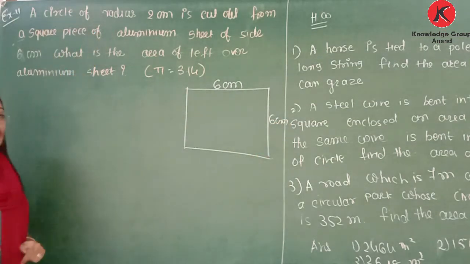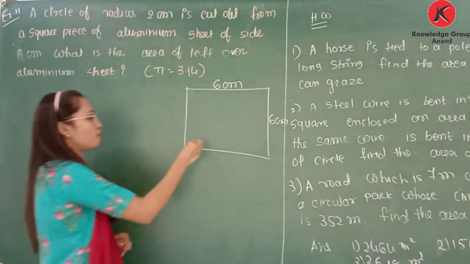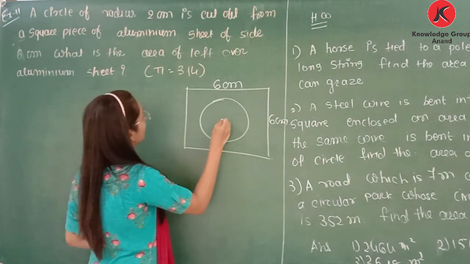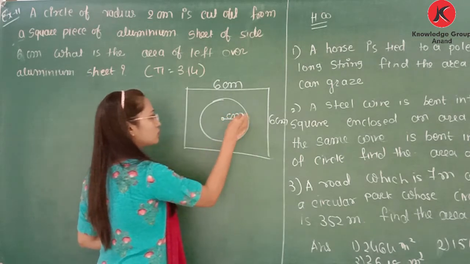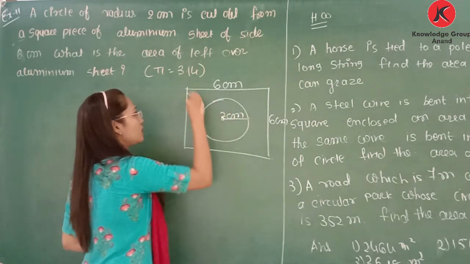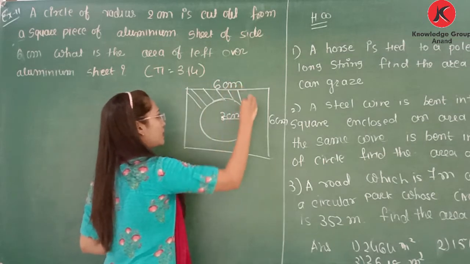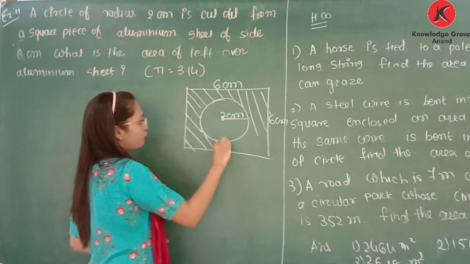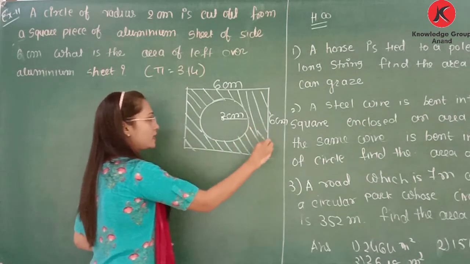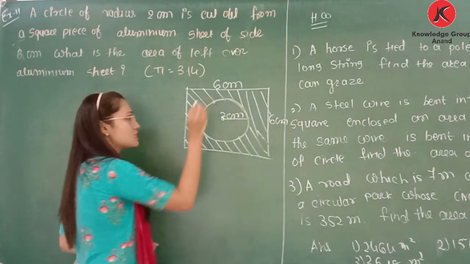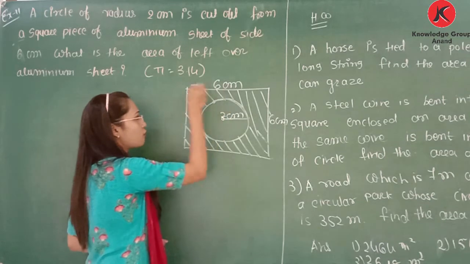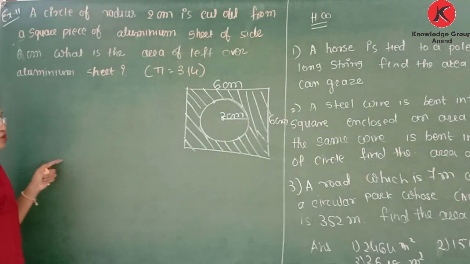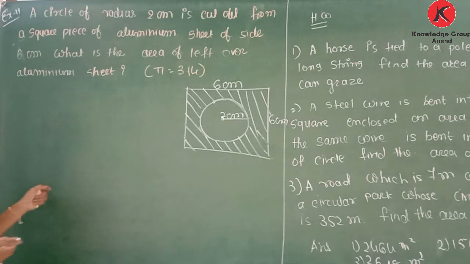A circle of radius 2 cm is removed from this aluminium sheet. So here we need to find this remaining area. How can we find? If we find the area of whole square and area of this circle and subtract the area of the circle from square sheet, we get the remaining area. So first we need to find area of the square.